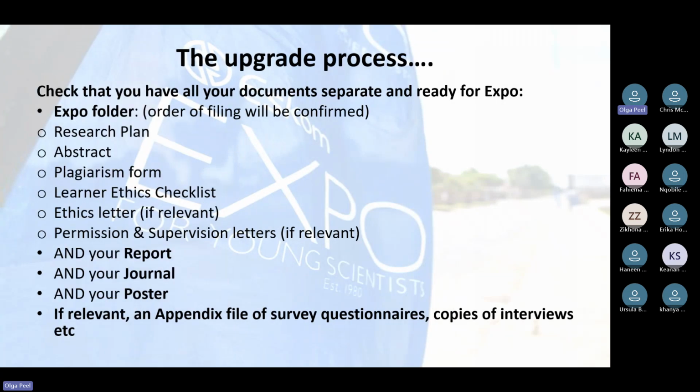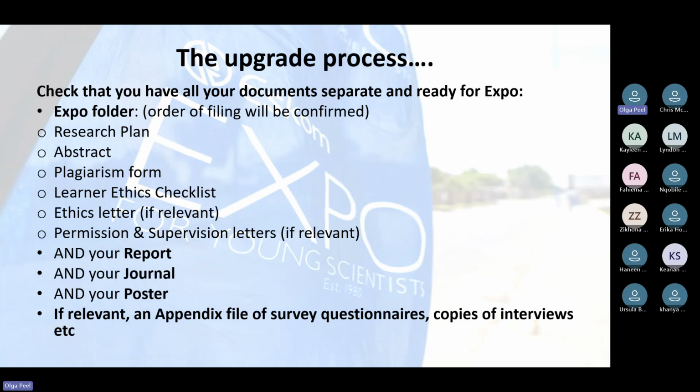Okay, we've done one upgrade already, but today is the second one of the different types of projects. So make absolutely certain the things in bold: the folder, the report, the journal, the poster, and if relevant, the appendix file are all ready in hard copy for Expo.